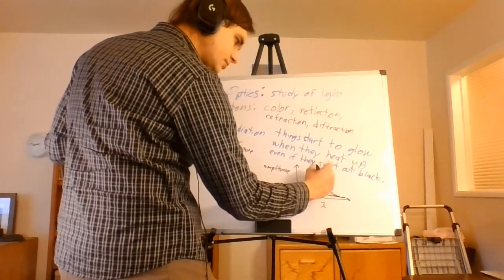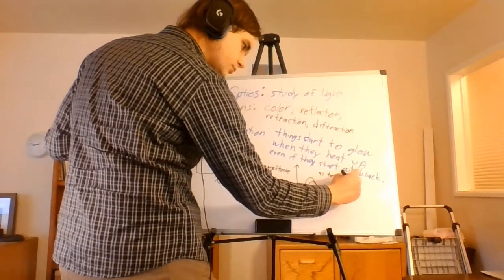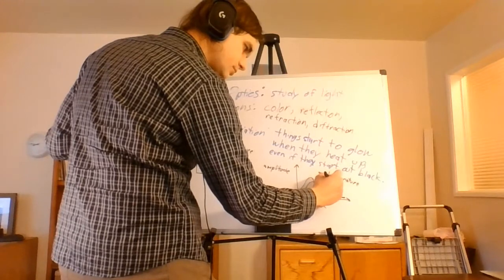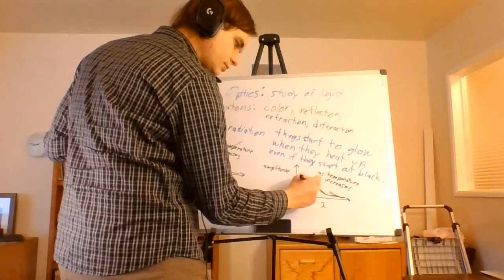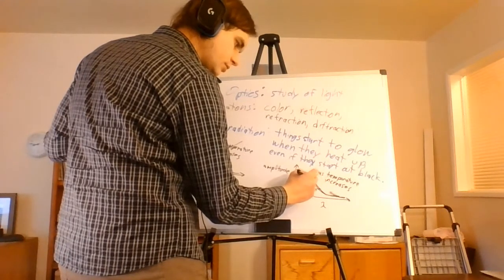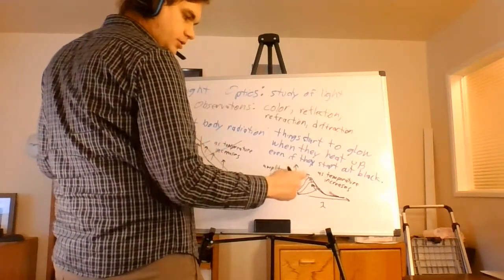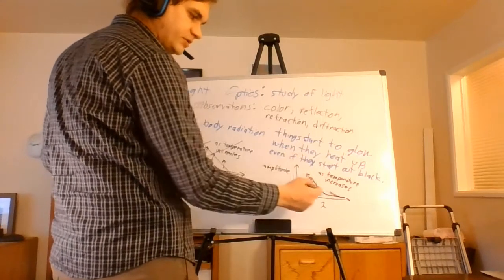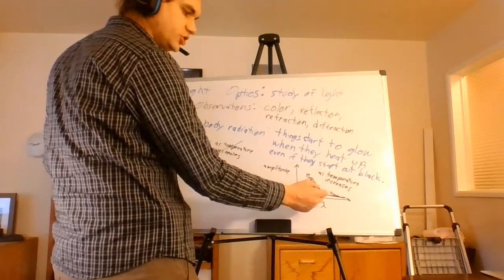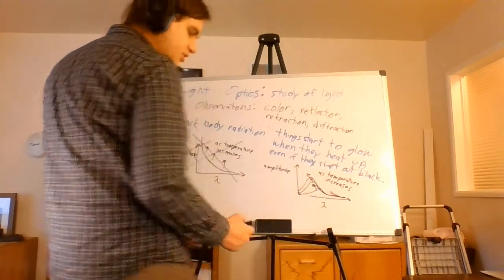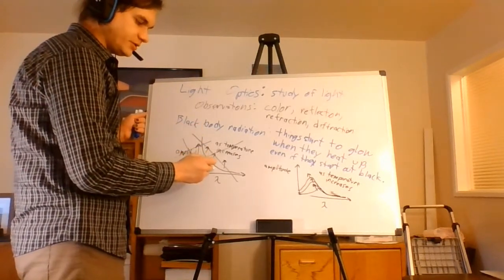So that as the temperature increases, the blackbody radiation both grows in the amount given off and also the peak of it shifts to the lower wavelengths. So that at extremely high temperatures you should get something like this.